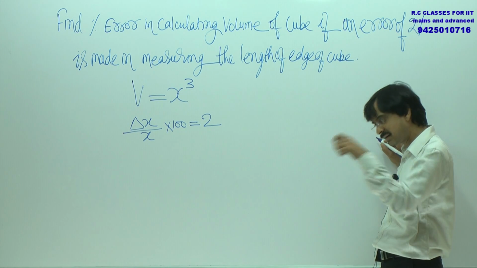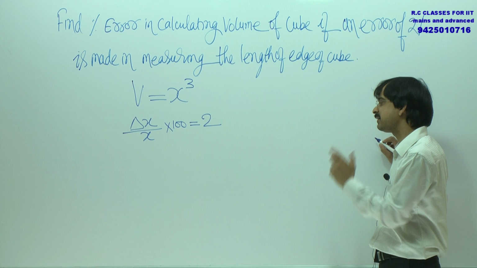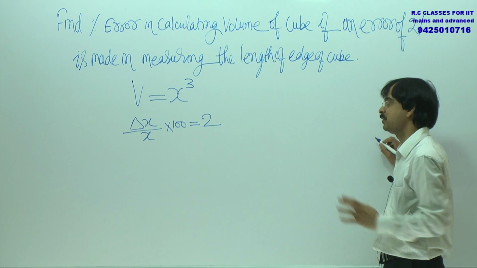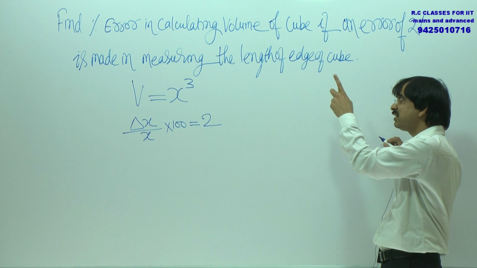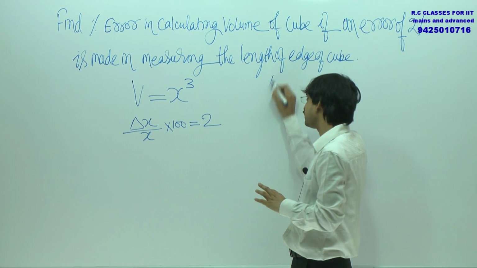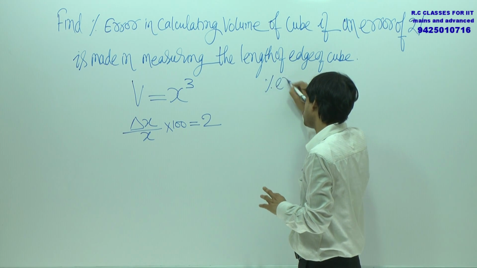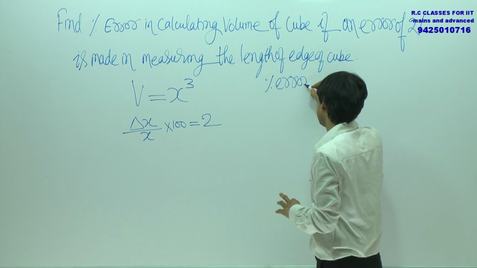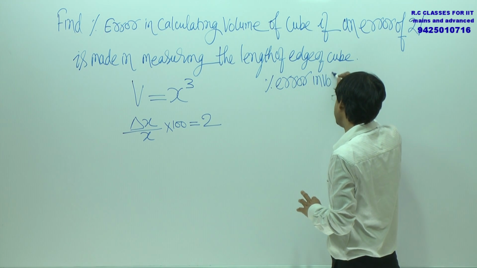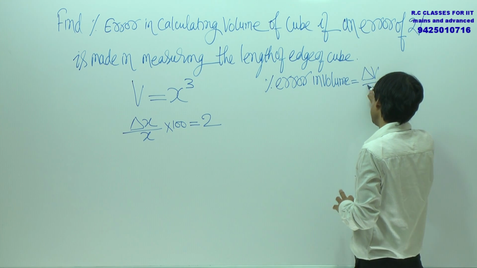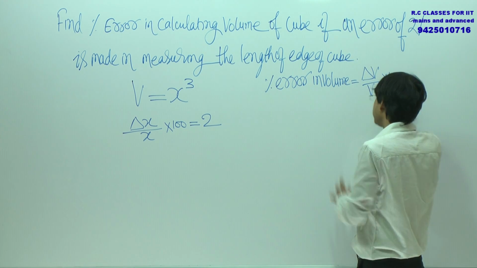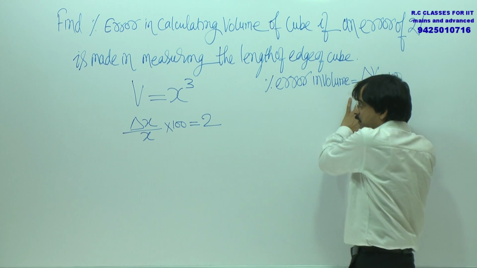And what we want is the percentage error in calculating the volume. So the percentage error in volume, which we have to calculate, is del V upon V into 100. That's what we want to calculate.